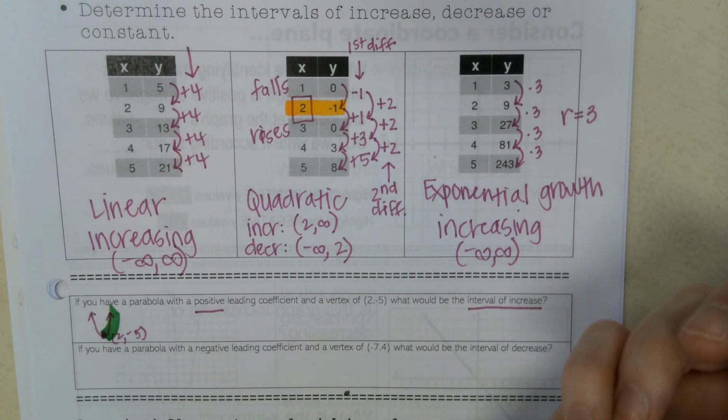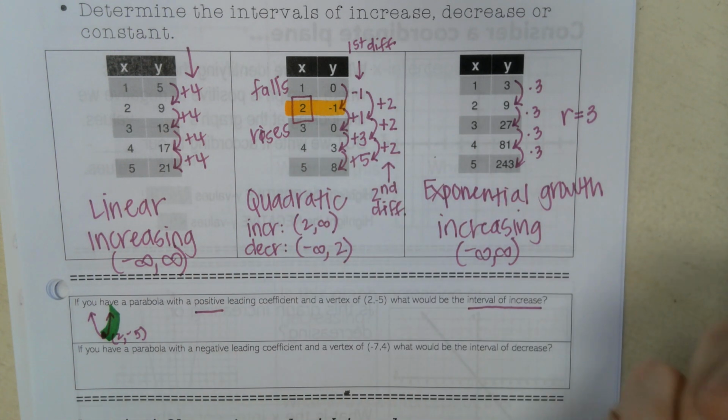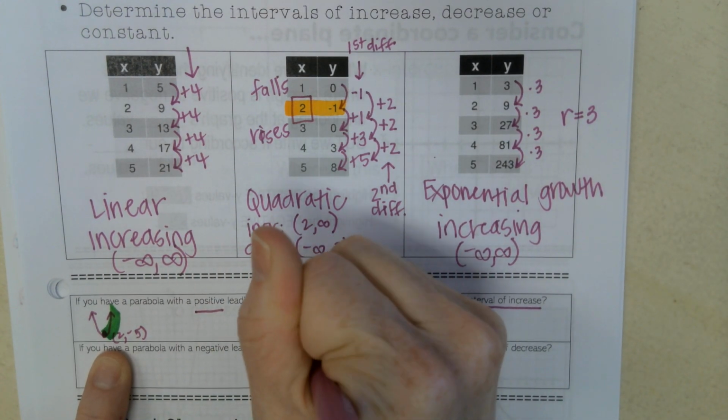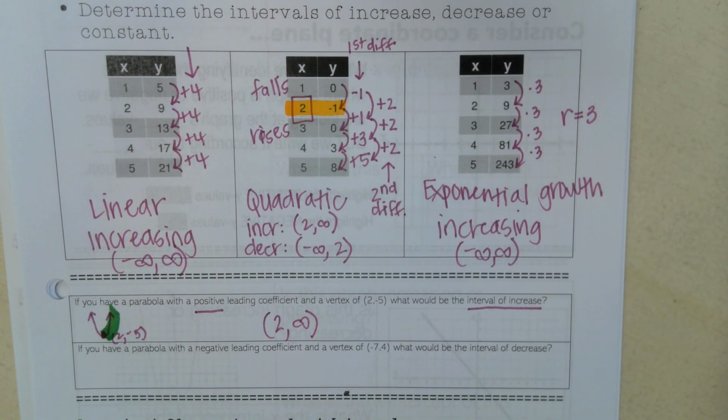What did we write at the top of our paper a minute ago? We use our x value. So my x value here is 2. So from 2 to infinity, it rises.